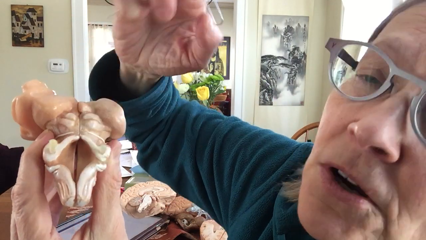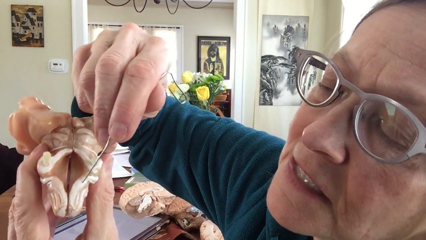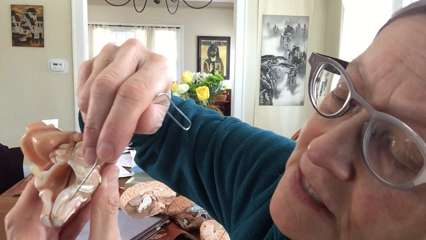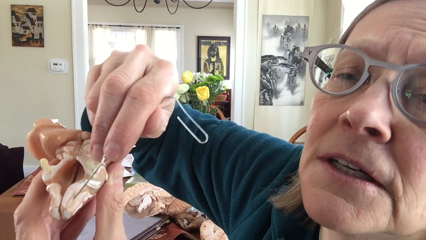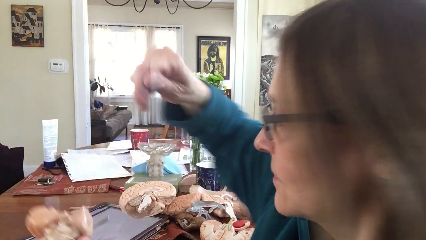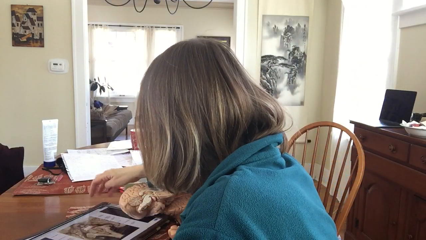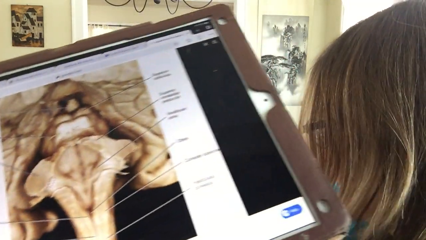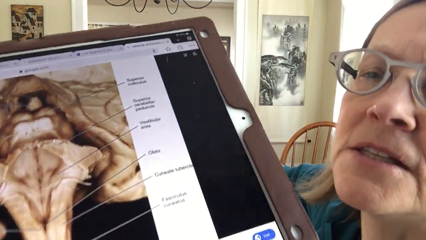Turn it around and we have the tubercle of the nucleus gracilis right here. And then this is kind of the tract. It's the most medial one, of the nucleus gracilis. And next to it is the tubercle of the nucleus cuneatus, and that goes down here. And I'll show you a picture of that because I think it's a little hard to see those very clearly on these models.